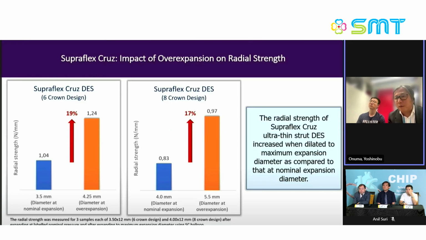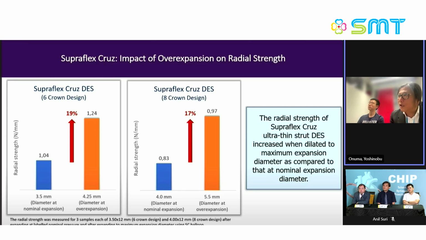This is a slide from Krishna showing the maintenance of radial strength of the Supraflex. Sometimes we are afraid that it is ultra thin and maybe doesn't have enough radial strength when it's overexpanded.